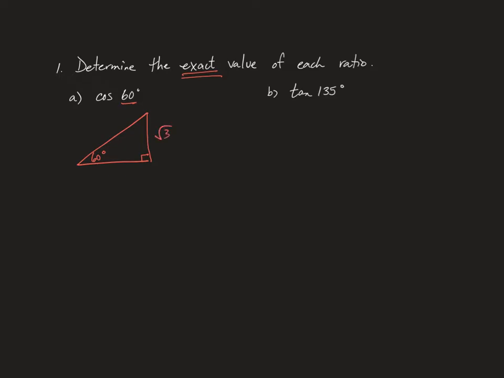And therefore, you know that the three sides of your 60-degree special triangle are root 3, 1, and 2. Using that triangle, you can come up with the ratio, and cos is adjacent over hypotenuse, so it would have a value of 1/2.